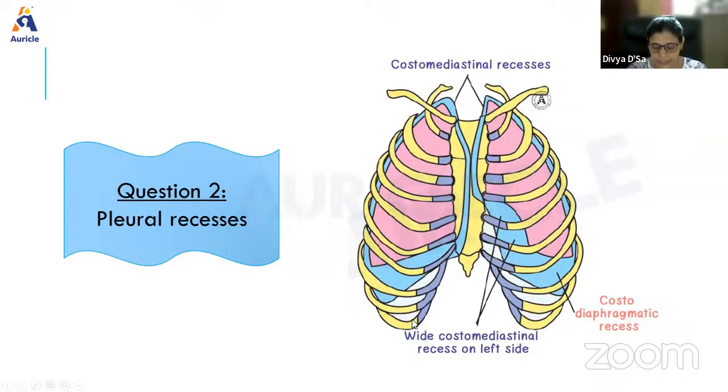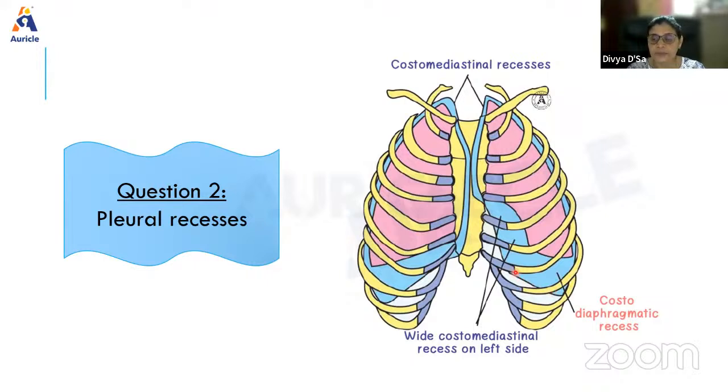But in certain areas of this pleural reflection, which we saw earlier, where it reflects near the diaphragm and in the mediastinal region here, there is a very wide space between the pleura which is covering the lung and the parietal pleura which is lining the cavity, the boundaries of the thoracic cavity.